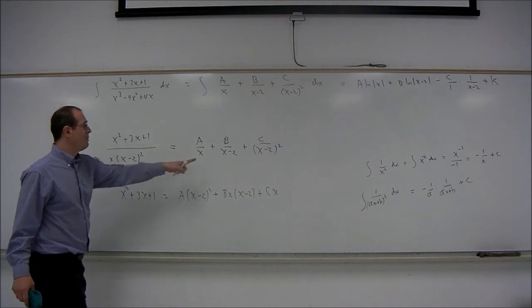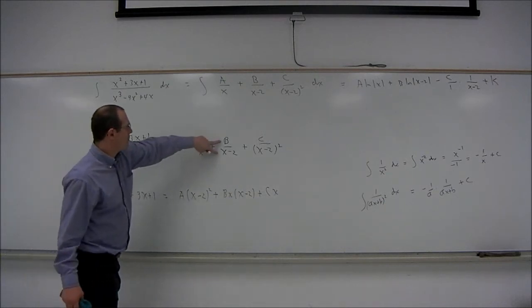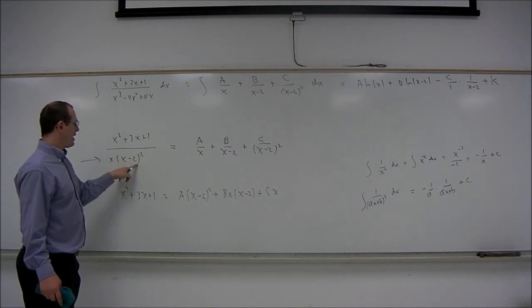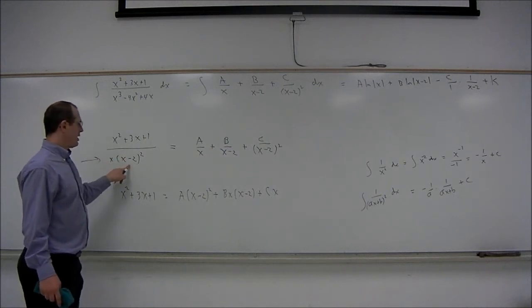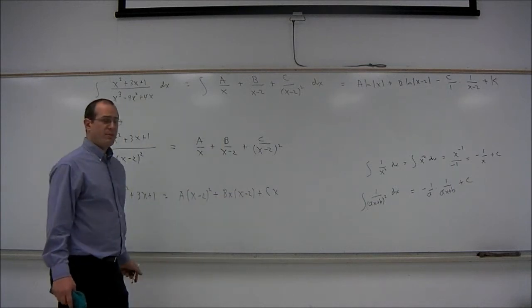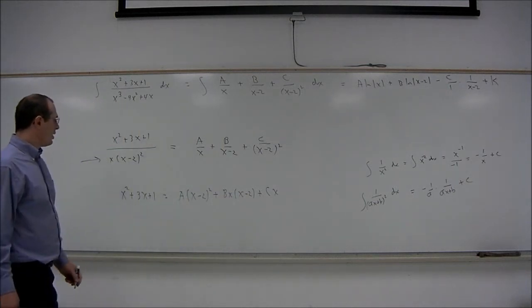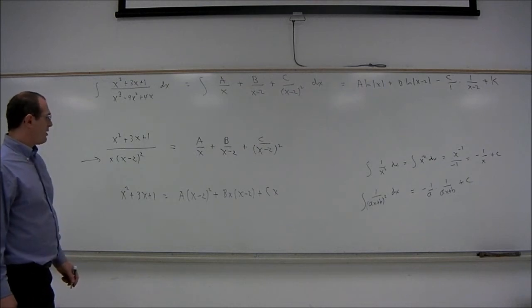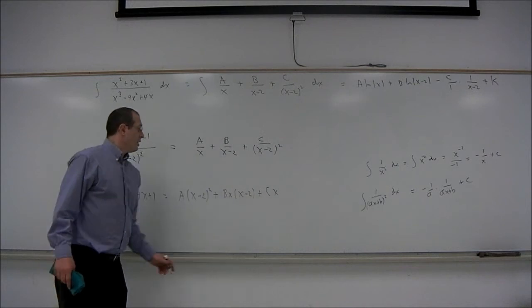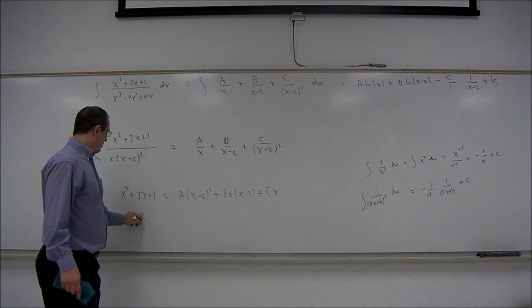For example, in the middle fraction, when you multiply B over x minus 2 by this quantity, one of the x minus 2's cancels, and you're left with the x and the x minus 2. So there's the B times the x and the x minus 2. Now let's start plugging in some favorable values of x. Let's try letting x equal 0.